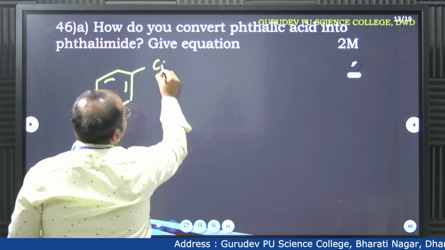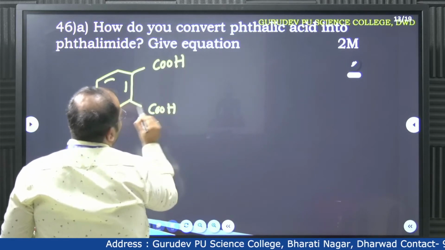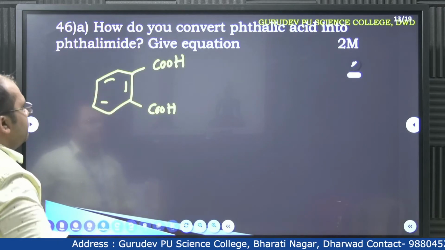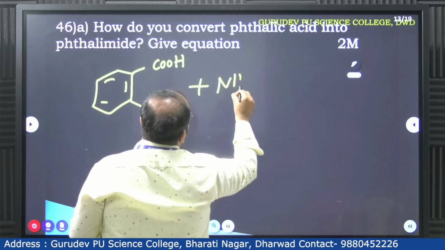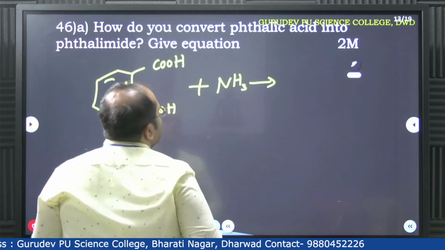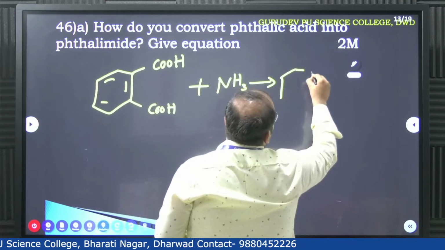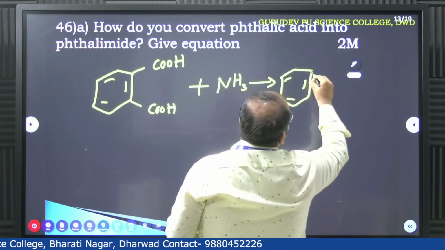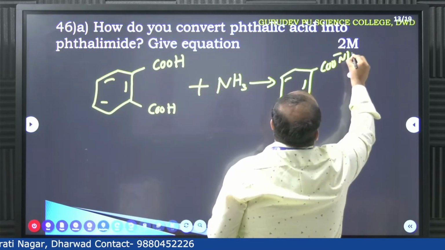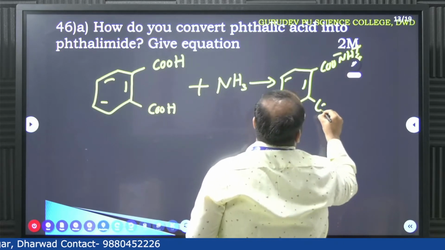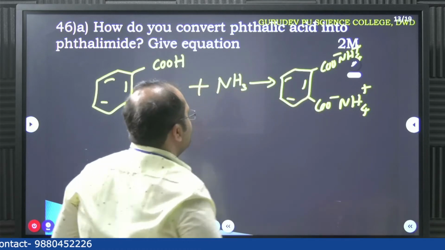First we take the acid, that is the carboxylic acid, and add ammonia, giving COO minus NH4 plus.